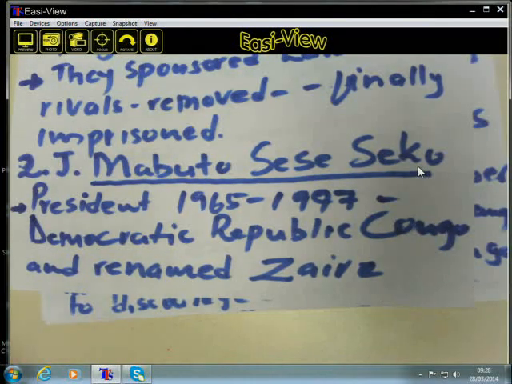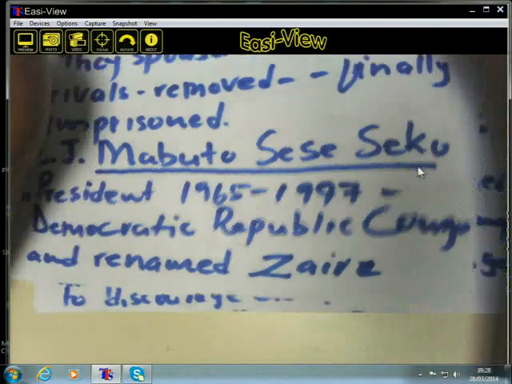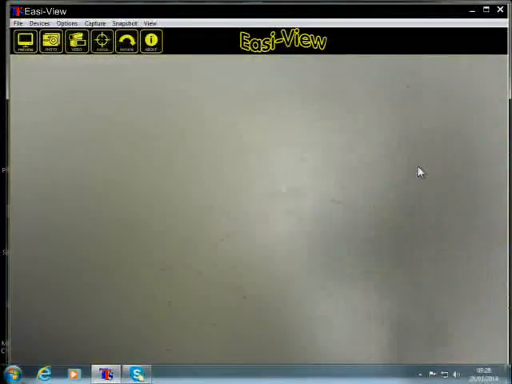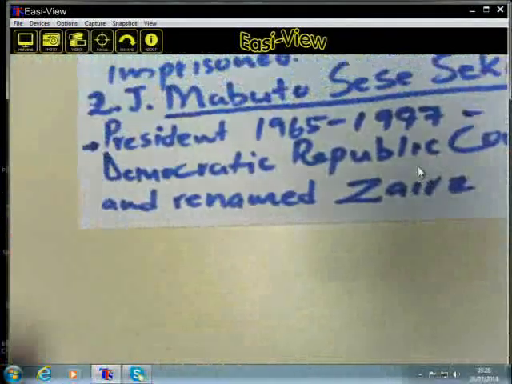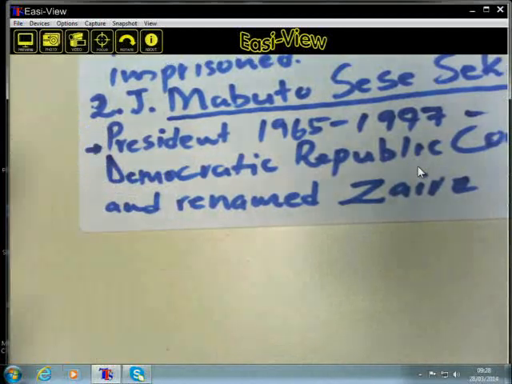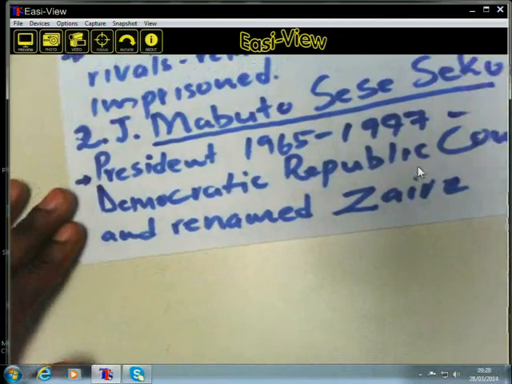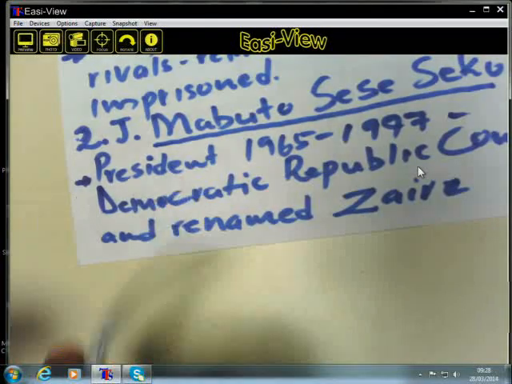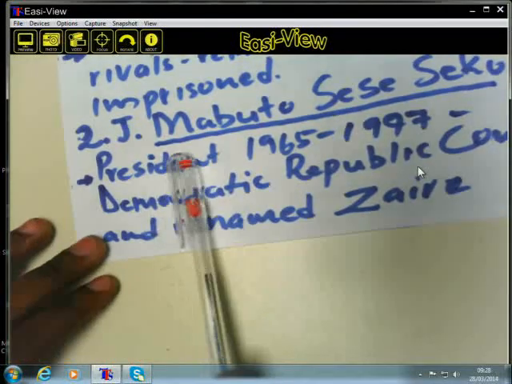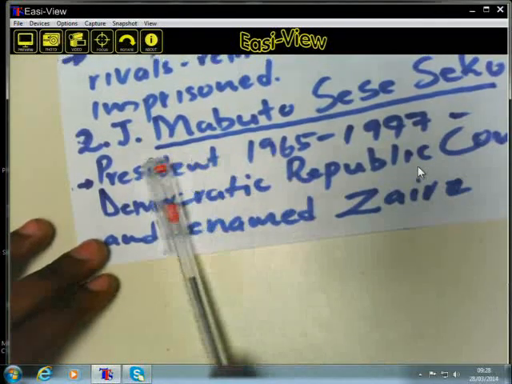Remember very well, I said to you, when Congo got independence, it had different leaders as compared to Tanzania, whereby in Tanzania the leader was Julius Nyerere only. Let's try to focus on the successor of Patrice Lumumba after his imprisonment. This person was Joseph Mobutu Sese Seko.